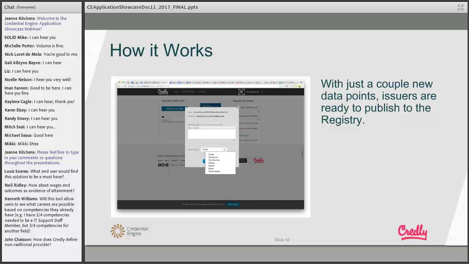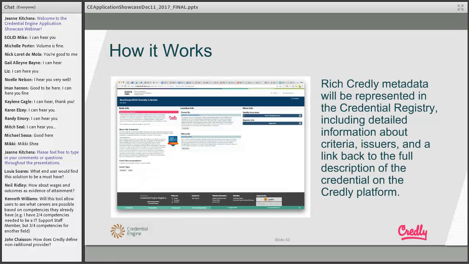So this will take all of the data that lives behind Credly credentials and actually surface it in the registry itself. So this will be a great way to create a meaningful tie between these two systems. So there's discoverability even in both directions.